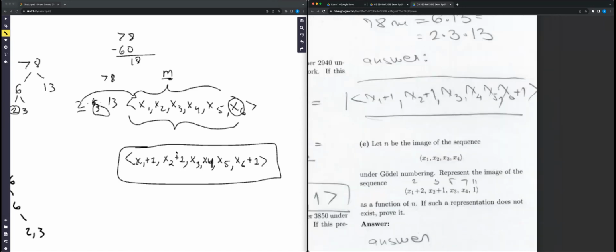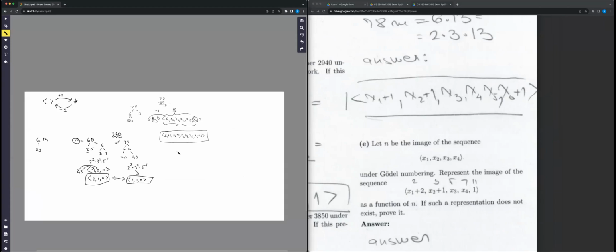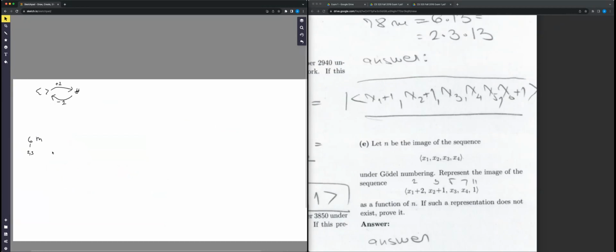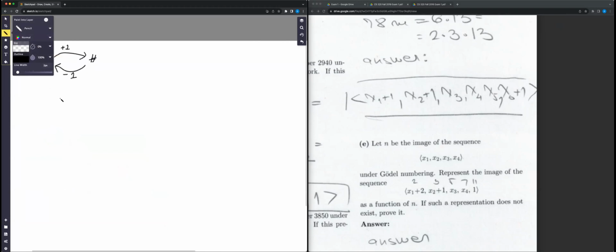So the way you do that is you just have to pull everything out. We pull all the numbers out. And how do we do that? So let's start with this.